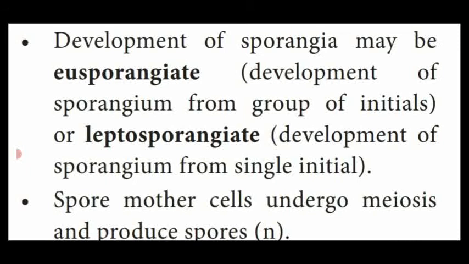Another one, the development of the sporangium from a single initial, that is only one cell, is known as leptosporangiate. Eusporangiate means sporangia developed from a group of cells or initials. Leptosporangiate means sporangia produced from a single initial.